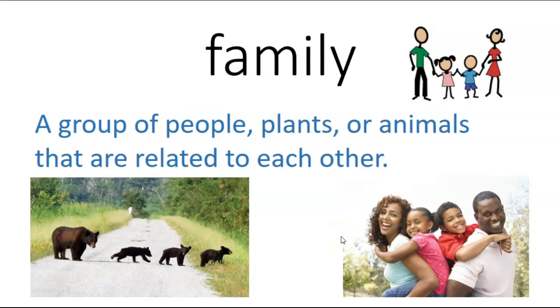Your family consists of maybe your mom or your dad, your stepmom, your stepdad, your brothers or sisters, your grandma and grandpa, your aunt and uncle. That's your family. And plants and animals also have families. So here's a picture of a bear family.